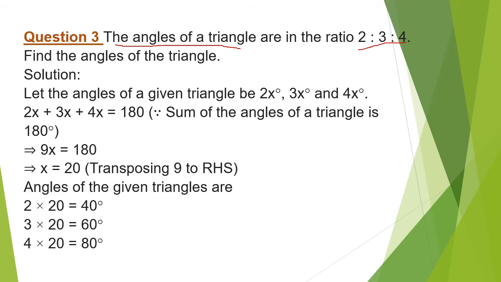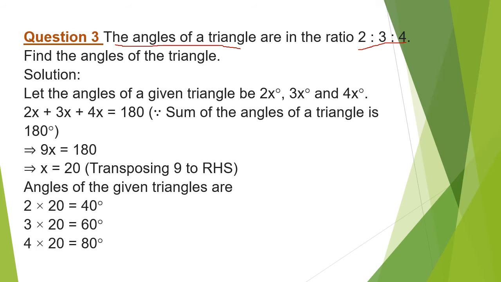2:3:4. As I said, wherever they have given the ratio, we want to consider the common ratio as x. Here they have given the angles of the triangle are in the ratio 2:3:4, and we want to find the angles of the triangle.